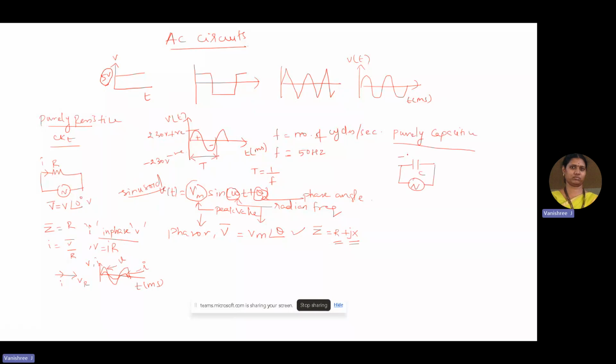So the reactance of the capacitor is taken to be minus j XC, and let the voltage be V angle 0. And let the current flowing through it be I. So now the impedance can be given by minus j XC, where XC is equal to 1 by omega C. It is minus j divided by 2 pi f C.